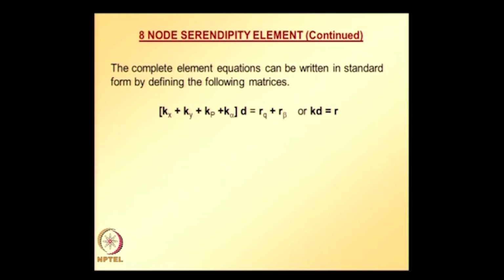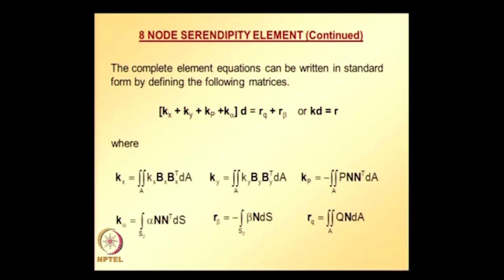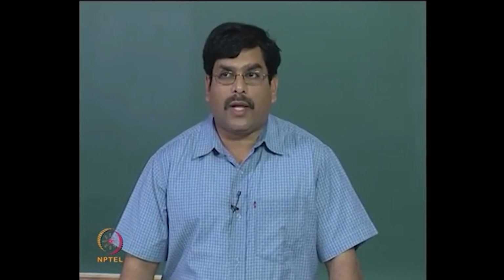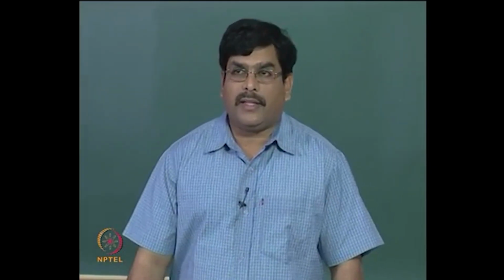All these matrices are going to be 8 by 8 and vectors are going to be 8 by 1, whereas earlier we had 4 by 4 and vectors of dimension 4 by 1, and the details of each of these are similar to those of the 4 node quadrilateral element. So, this is how element equations look for a general 2 dimensional boundary value problem, adopting the 8 node serendipity element.